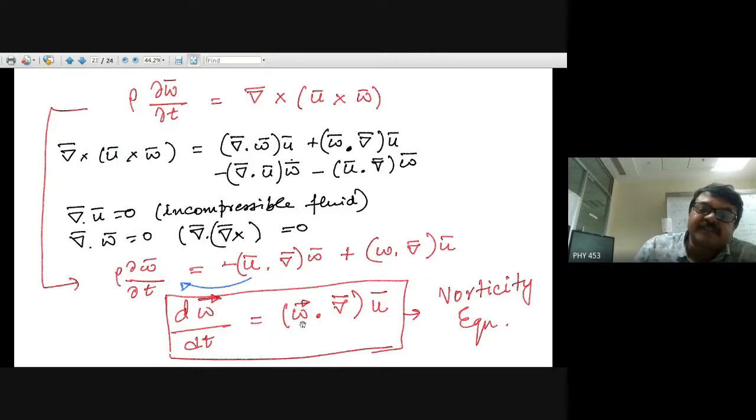But if vorticity at a certain point of time was zero in the Euler equation for incompressible fluid, then there can be no change in the vorticity, because you have to do a dot product, and if it was zero at any instant in time, under Euler flow, incompressible flow, it stays zero. If it already had vorticity, yes, that can evolve and increase and decrease and do whatever it wants. But if vorticity was zero at a certain point of time, it will continue to remain zero.